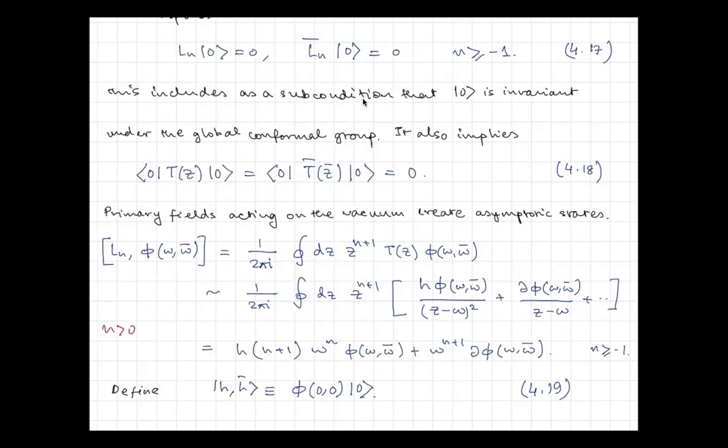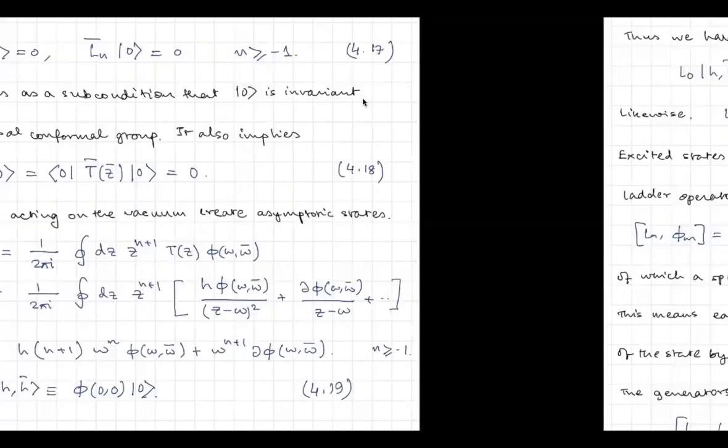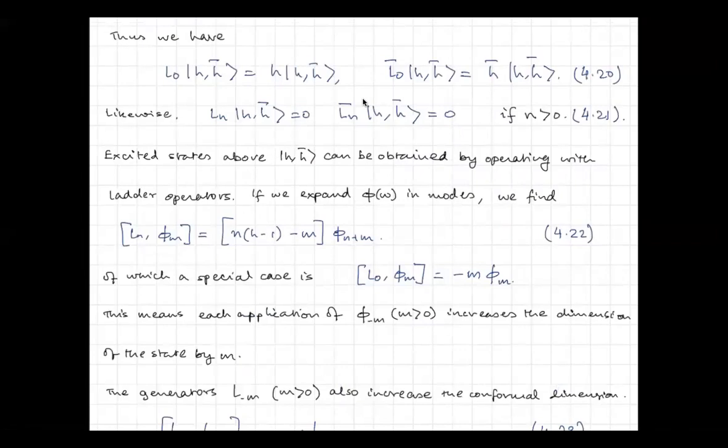Okay, so what we see is that for primary fields, this always holds, and also Ln and Ln bar acting on this h h bar is equal to 0. Okay. All the excited states above this h h bar can actually be obtained by operating with the ladder operators.